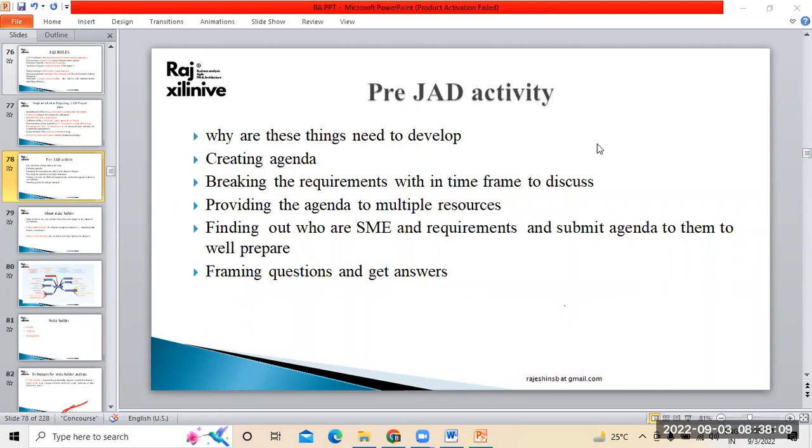At the same time, we must know what different security features we need to add. We must also know what different features, functional and non-functional requirements, we want to develop here. At the same time, database connectivity and testing are all needed. So these are the different pre-JAD points we have to consider when we are conducting the JAD session.